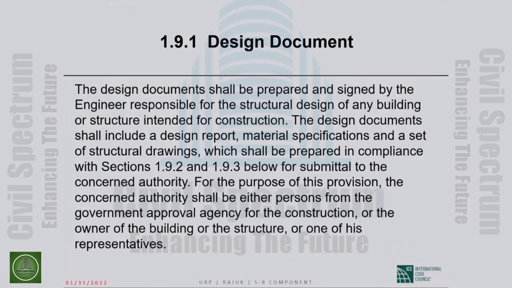This is 1.9.1, the design documents. Design documents shall be prepared and signed by the engineer responsible for the structural design of any building or structure intended for construction. Okay, whoever has designed the structure will sign the drawings. The design documents shall include, this is very important, this level of detail is not particularly common, but you are lucky, the code is very detailed in these regards.